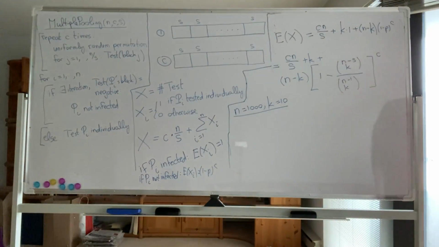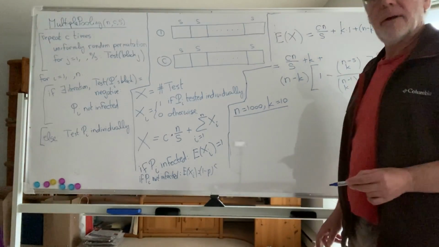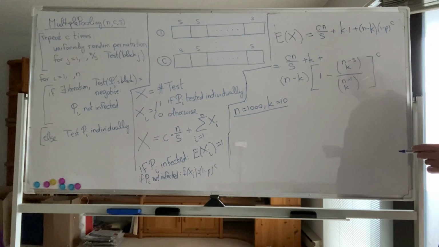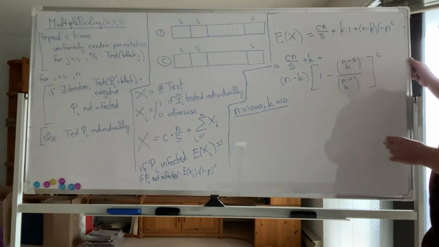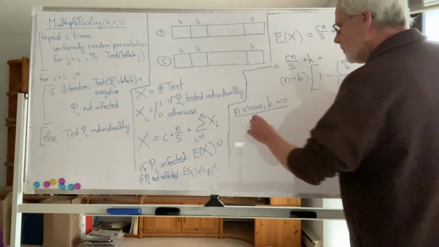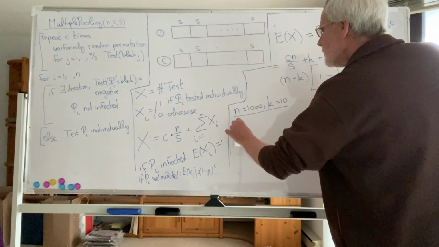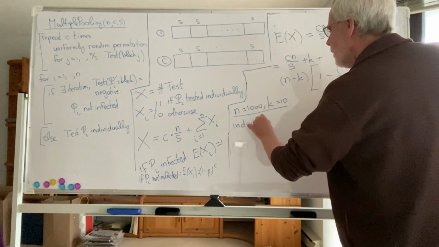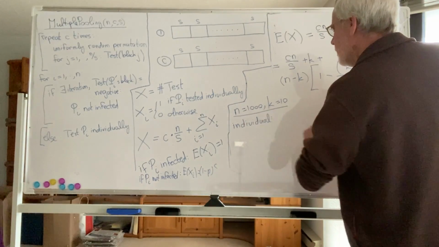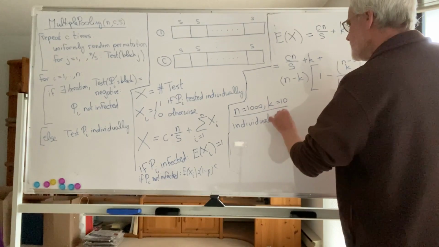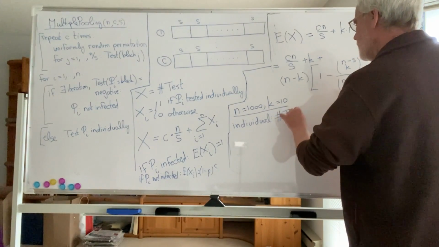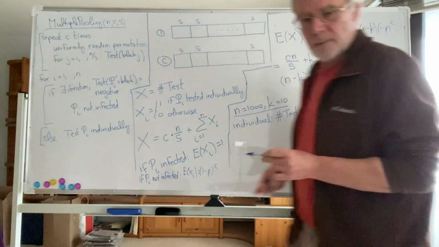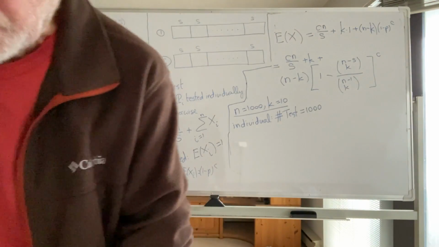Okay, so there were 1,000 people who are going for the COVID test, and among the 1,000, 1% has been infected. So the first idea was to do individual testing. Then the number of tests that we do is equal to 1,000, because we have to do one test for every person.